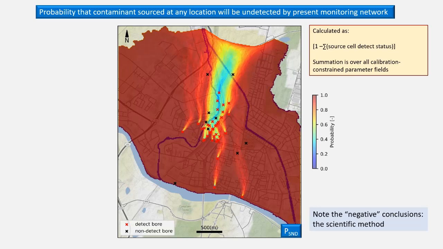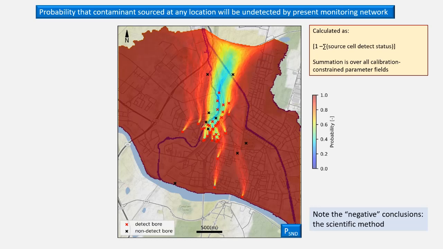I have 300 parameter fields, all with particle tracks, thousands of particle tracks that are consistent and that respect all available information. I can accumulate the source statistics to build up a probability map.